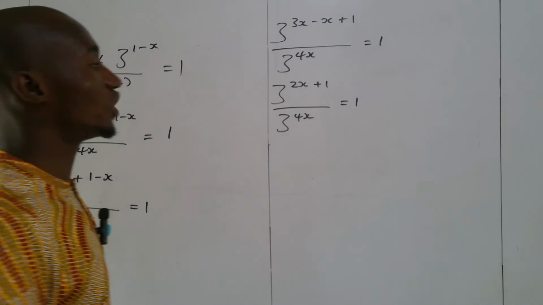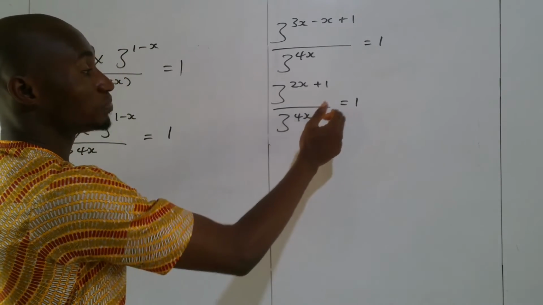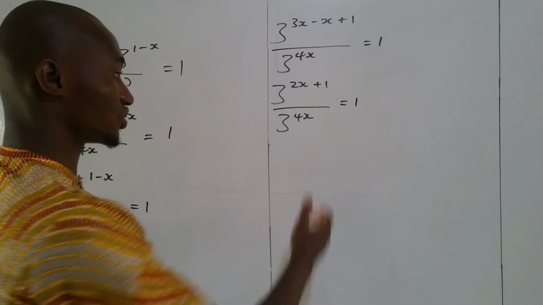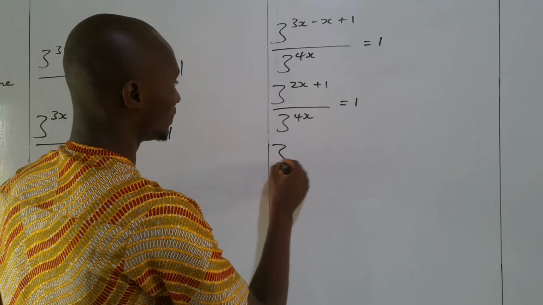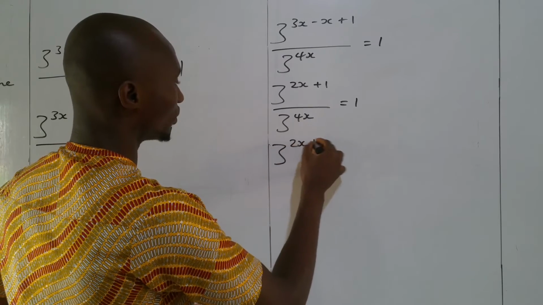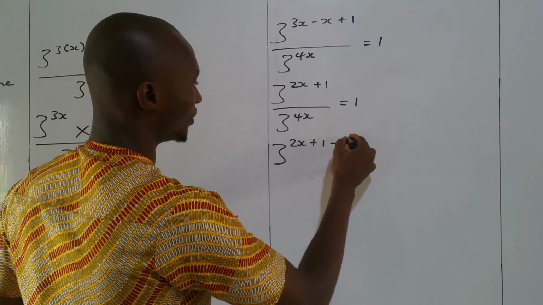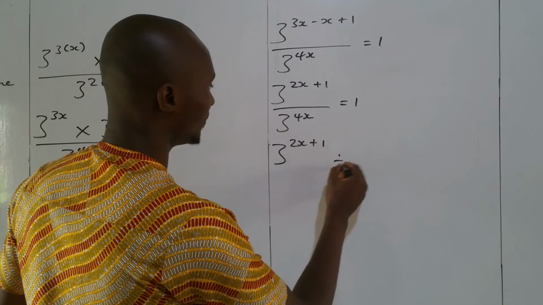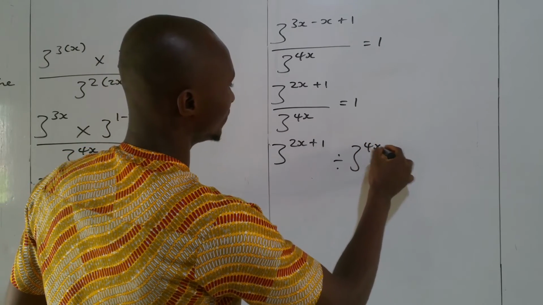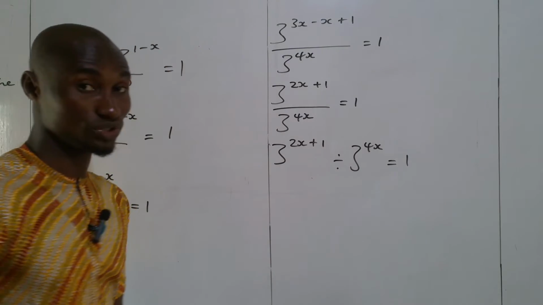Now, at this point, we apply the division law, because what we are seeing here is division law. So it's going to be 3 raised to the power 2x plus 1, minus, before the minus, I want you to understand something, divided by 3 raised to the power of 4x equals 1. Now the minus will still come.